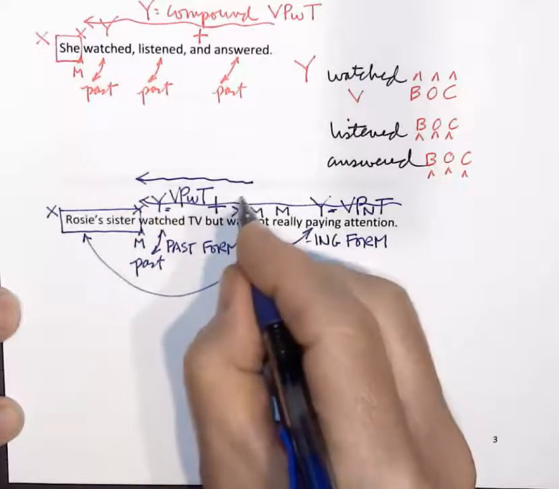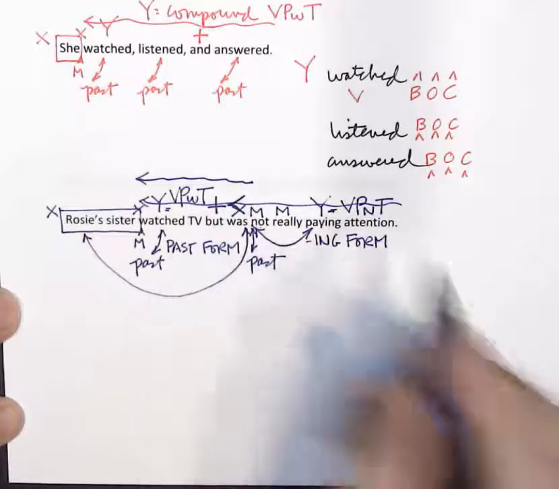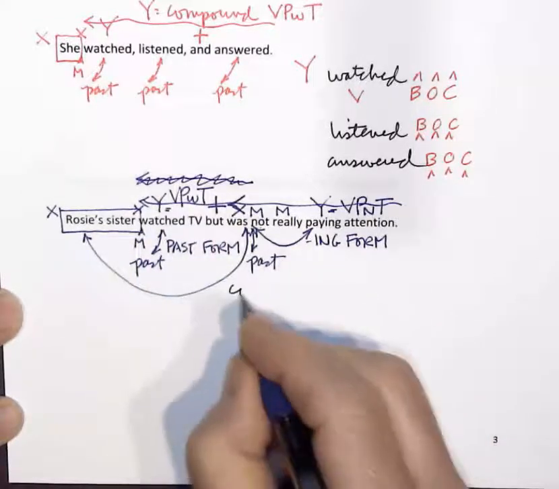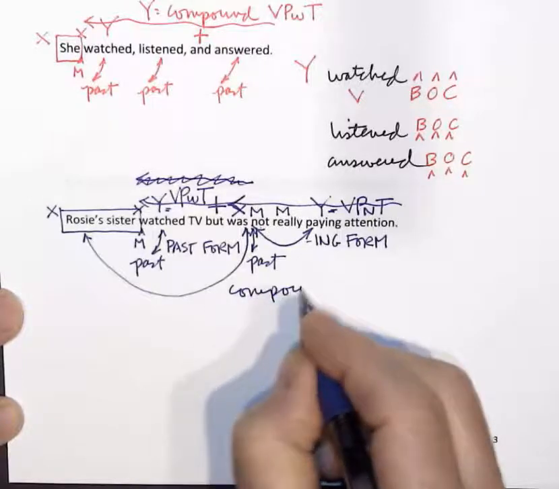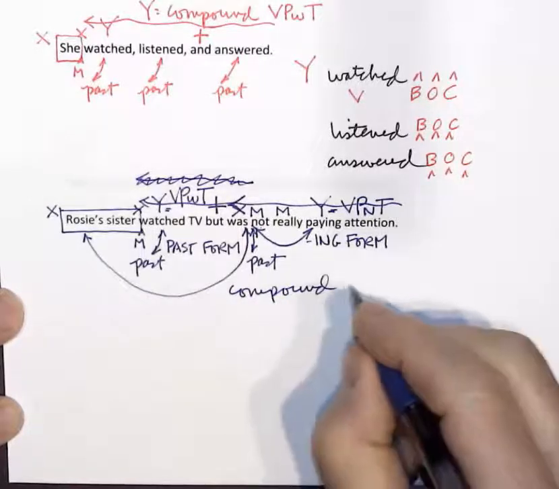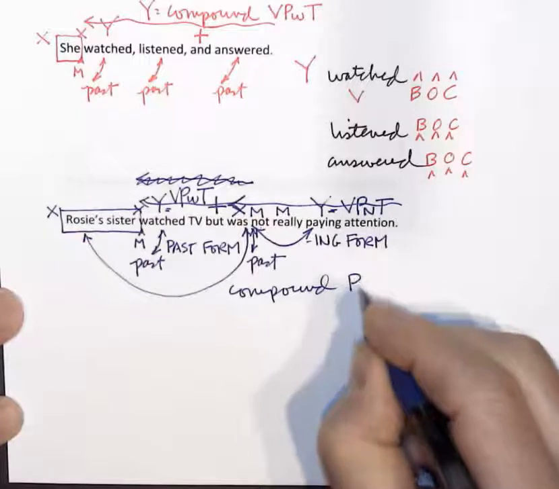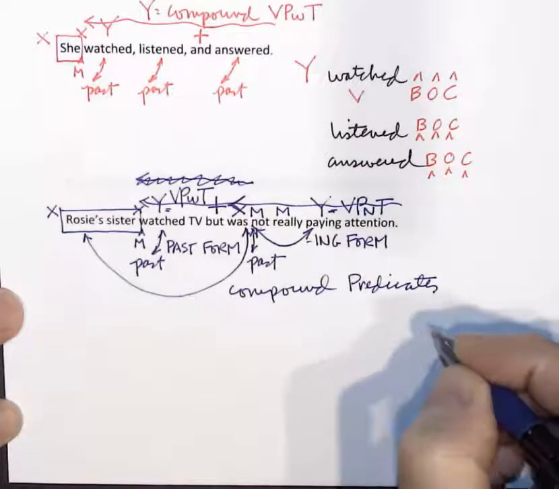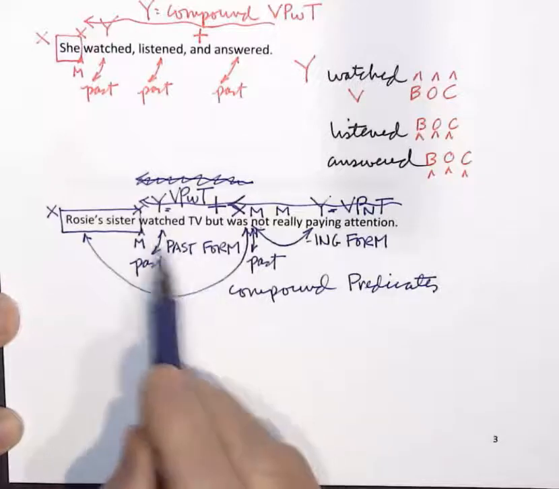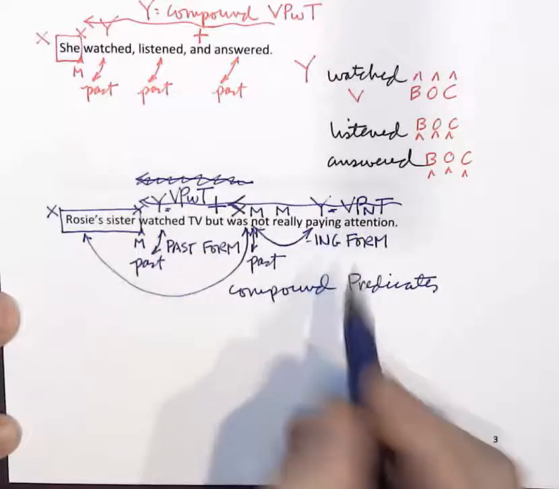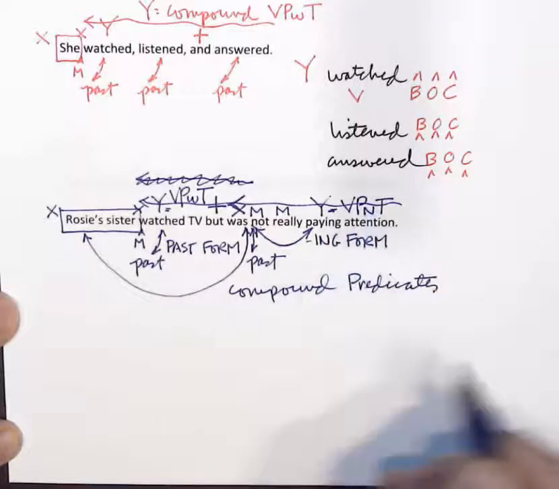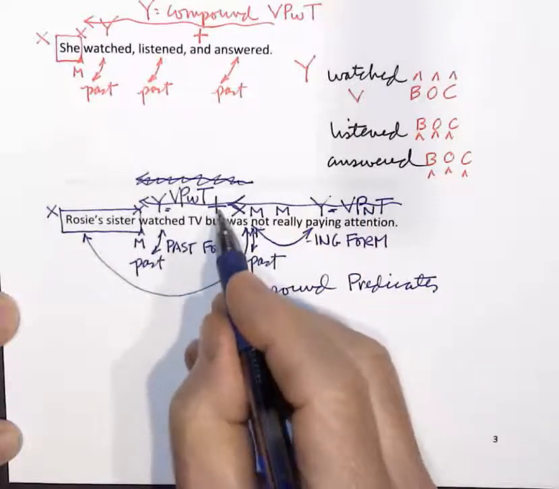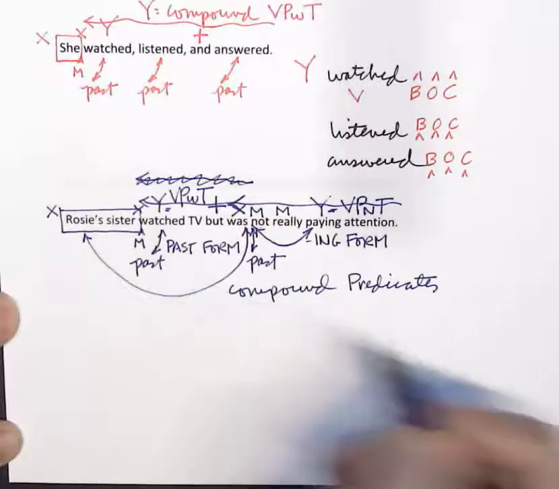And why don't we draw one like this? Forget about this line. This is compound predicates. One predicate has the verb phrase with time, the other predicate has a verb phrase with no time. And they're connected, they're compounded with the coordinator but.